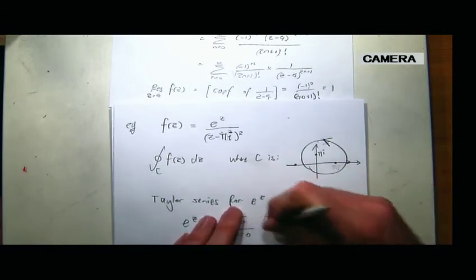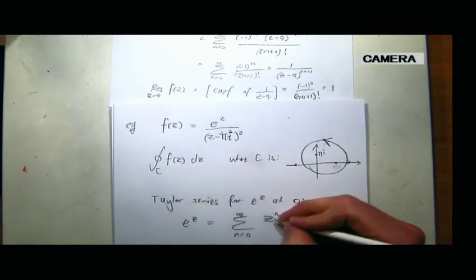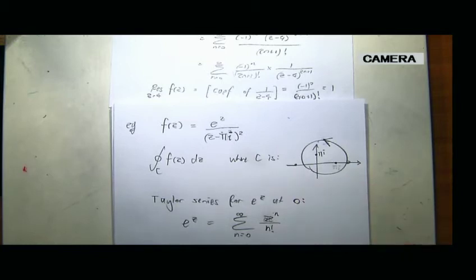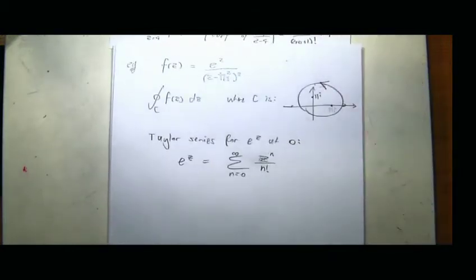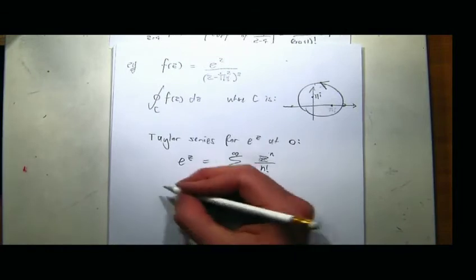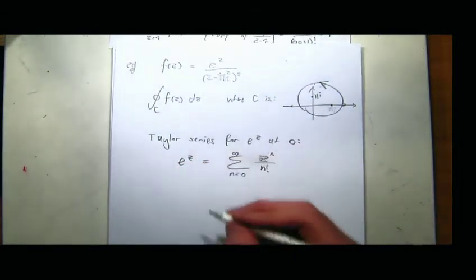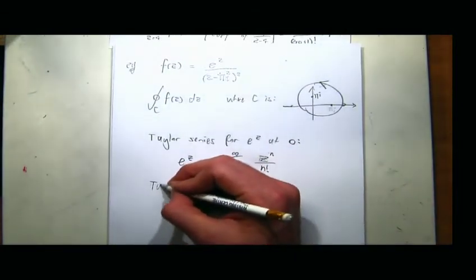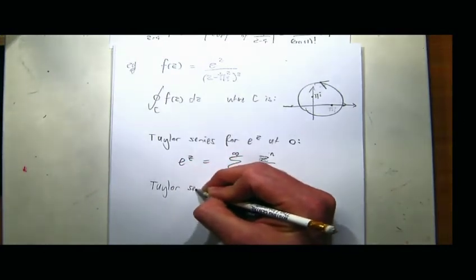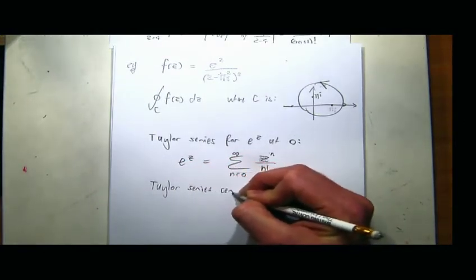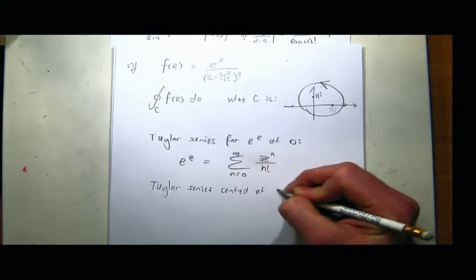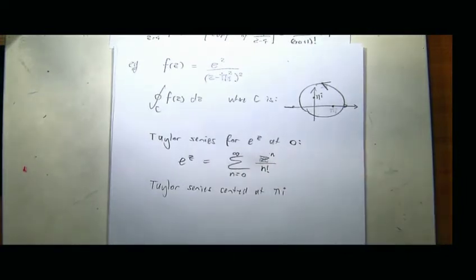Okay, so that's my Taylor series for e to the z. It's z to the n over n factorial. I'm actually going to need to have one centered at pi I. Technically, I don't need to do this with Laurent series.